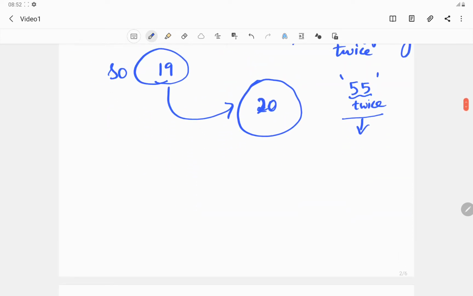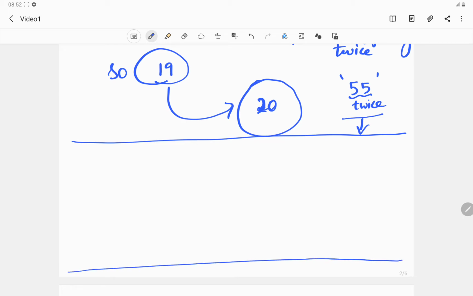Now, is there any shortcut to solve this question without going through the traditional way which we have done earlier?